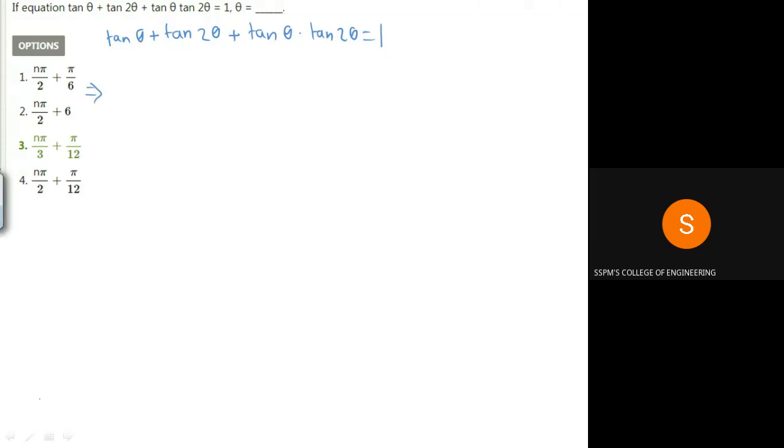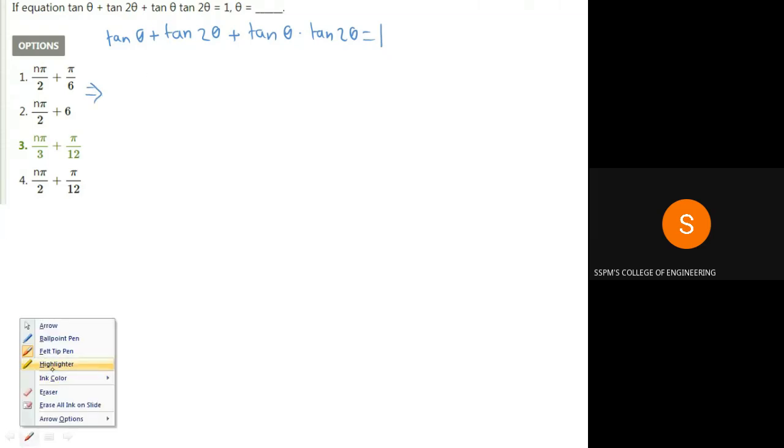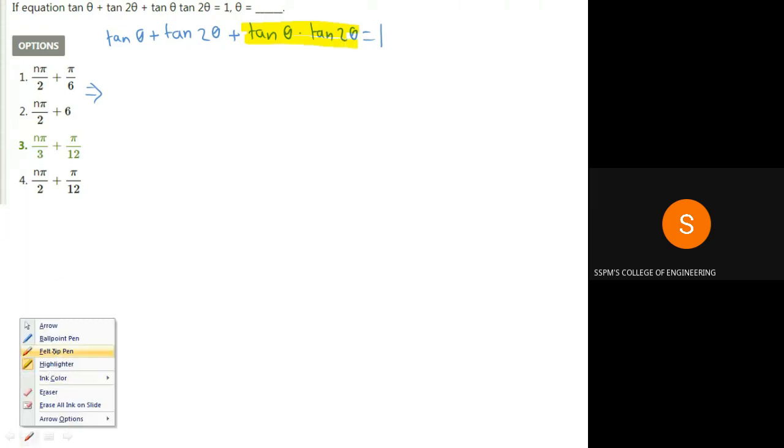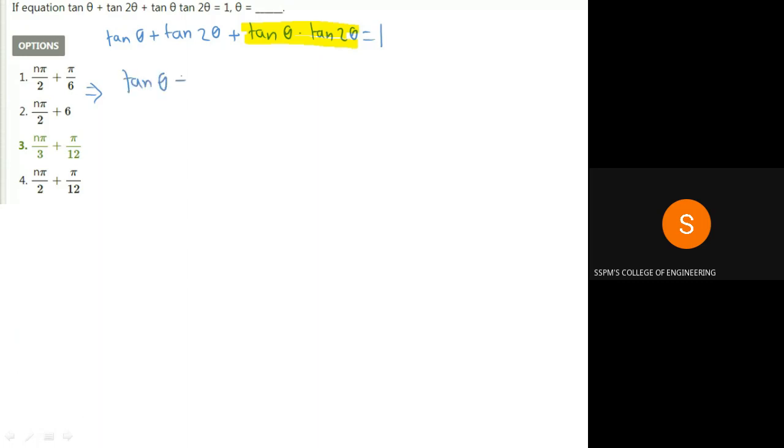So what will be the next step here? Suppose this part, we will take it to the right side. So what will we get? Tan theta plus tan 2 theta is equal to what? 1 minus tan theta into tan 2 theta.